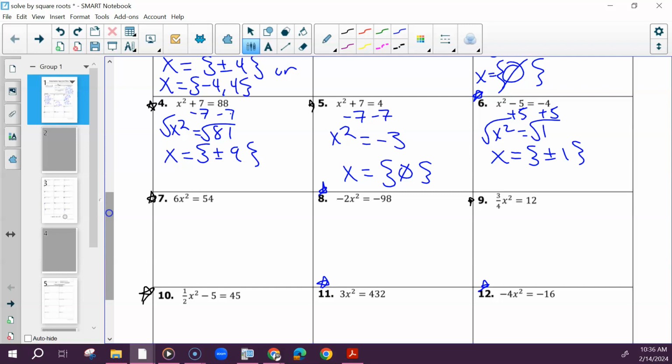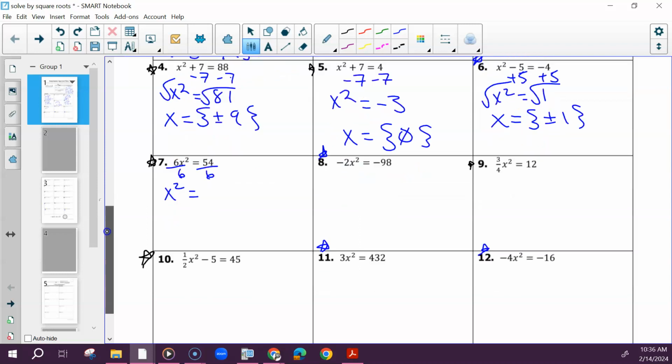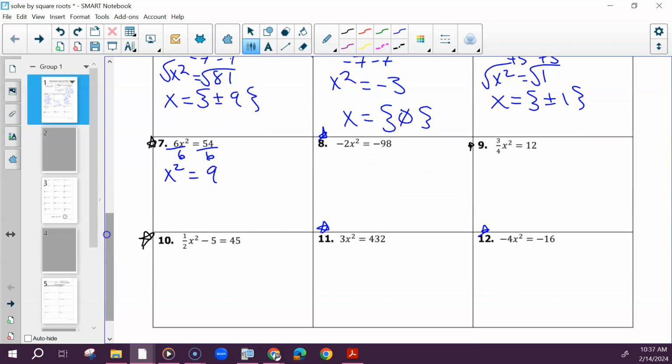Right, 6, how would we isolate the x squared? And that would give us 9. So if we take the square root of both sides, plus or minus 3, positive and negative 3. Right.